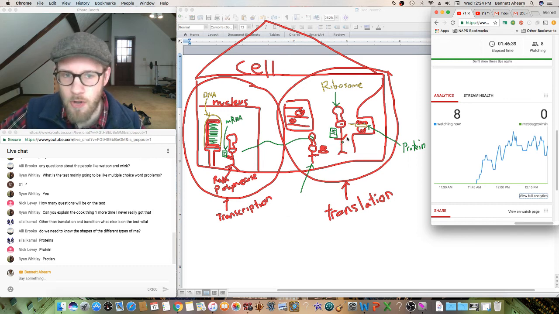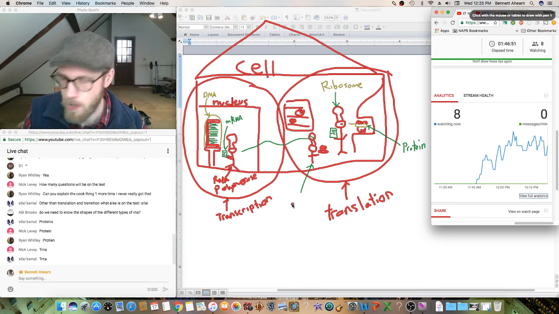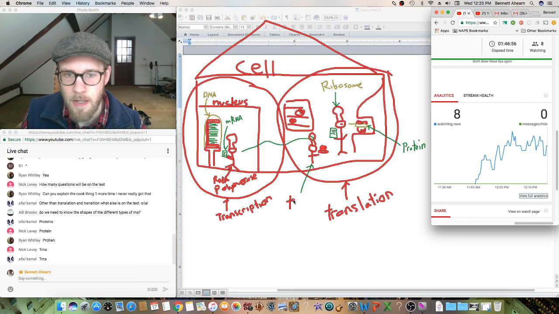Somebody knows it. You knew protein. I bet you know that. Yay, thank you, Nick. Yes, it is tRNA. Good. Yes, it is. That is tRNA.